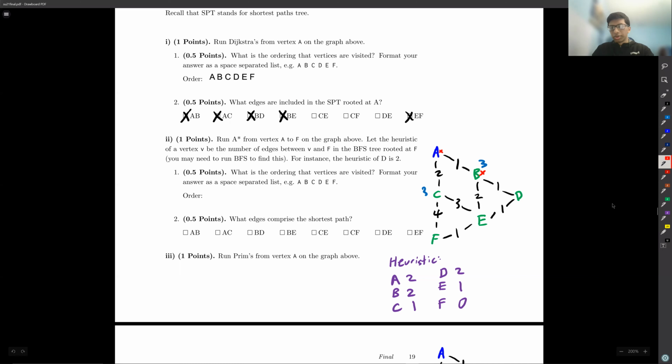And then we also need to update D and E. If I update D and E, we would originally have that A to B is 1 and then B to D is 2. And then since D has a heuristic of 2 more, that means that I would have a total of 4.